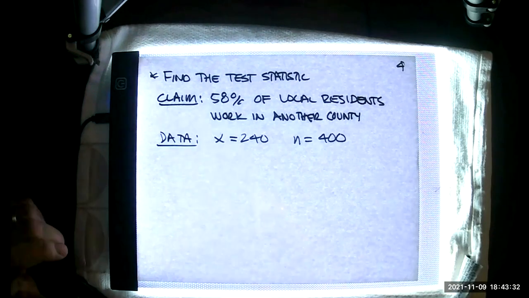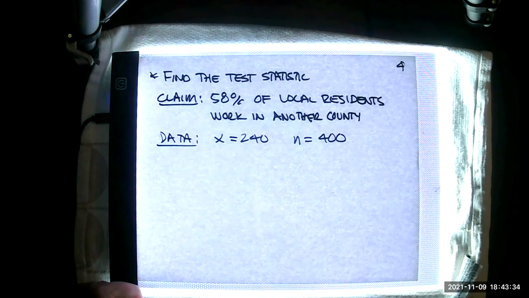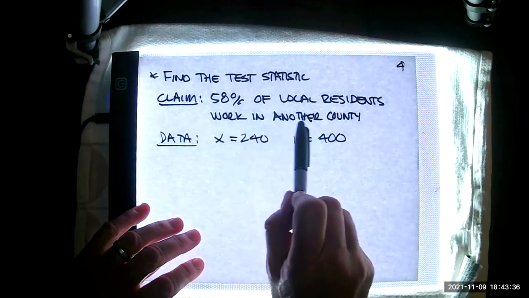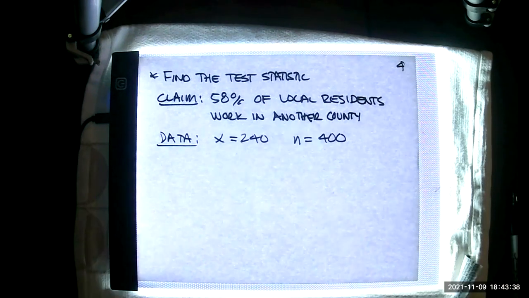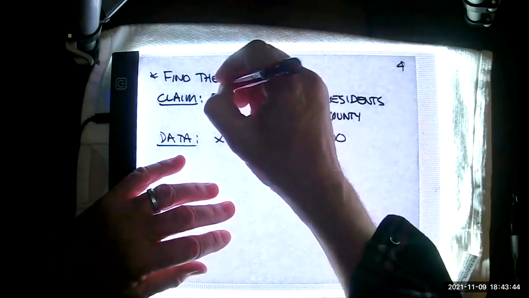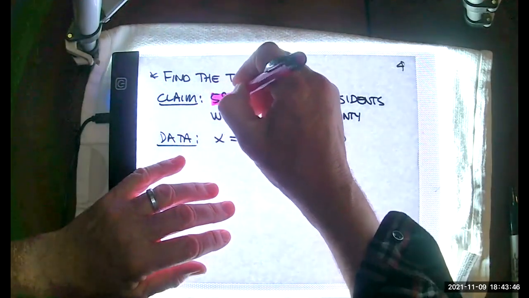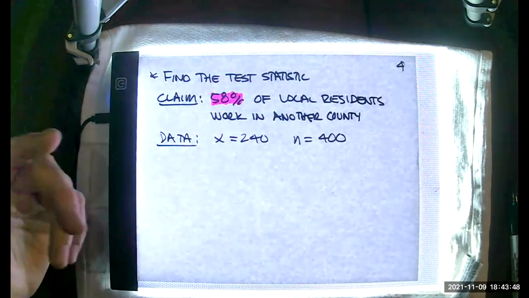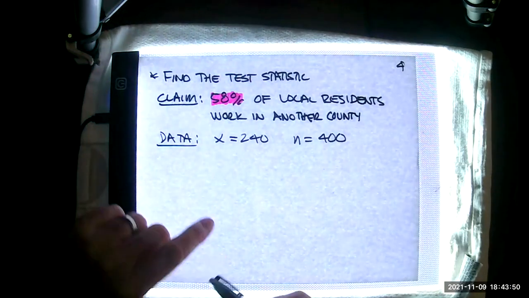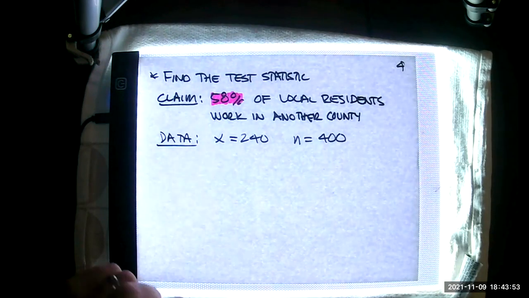So here's our claim. 58% of local residents work in another county. So the first thing I want to do is identify the type of claim. The claim involves a percent, or actually a proportion. So this is a claim about a population proportion P. And the claim is that 58% work in another county.